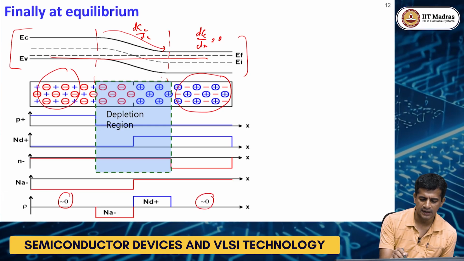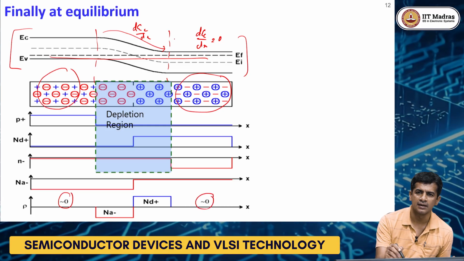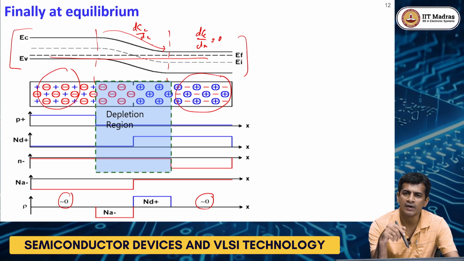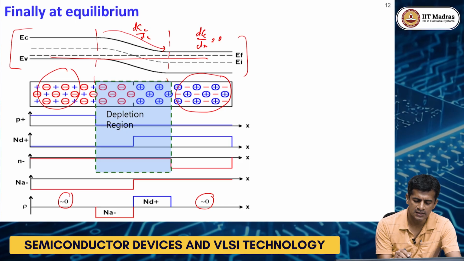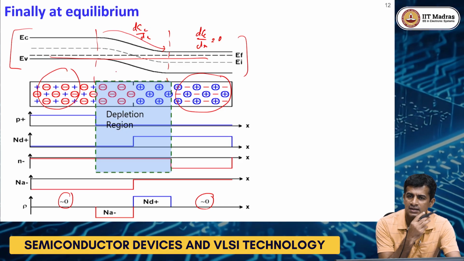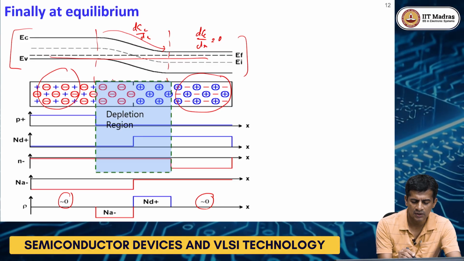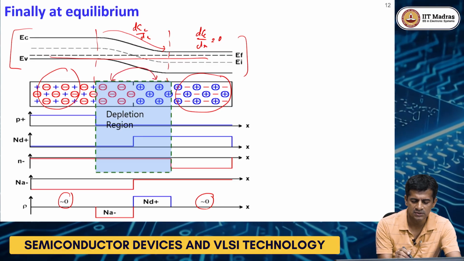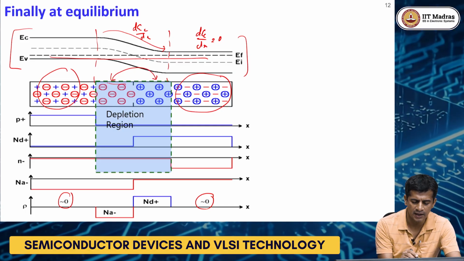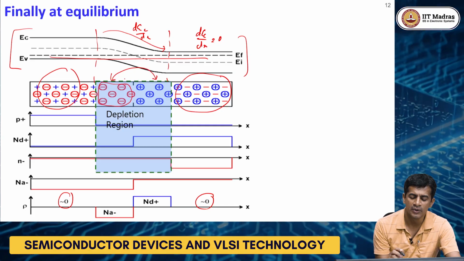On the other hand, in the middle region there is a band bending. If there is band bending, that means there is an electric field. Where is this electric field coming from? In this region there are no electrons and holes, that is an approximation we are making. There are very few electrons and holes, and the charge density is dominated by the ionized impurity atoms.